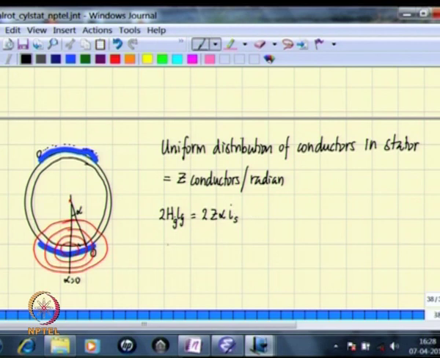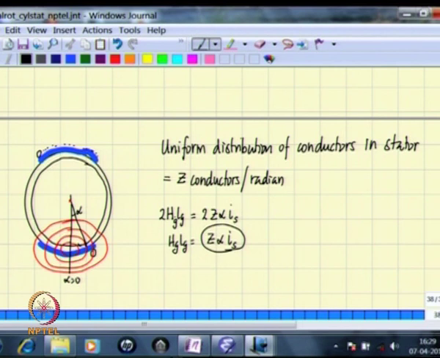Therefore Hg into Lg is equal to Z alpha Is. This is then the MMF that is acting at a particular angle alpha.